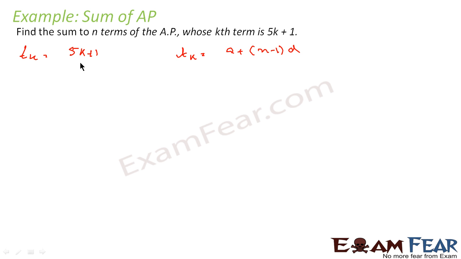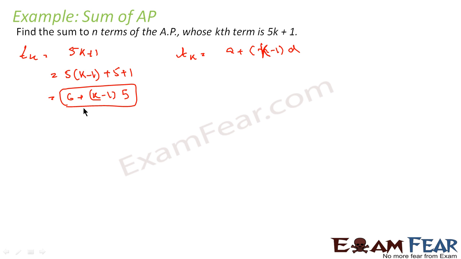So if you can convert this into this form, we'll get the answer. So we can also say 5k plus 1 is nothing but 5 of k minus 1, because we are looking for 5 times k minus 1, plus 5 because minus 5 is gone, plus 1, that is 6 plus k minus 1 into 5. This is the form we can write 5k plus 1.